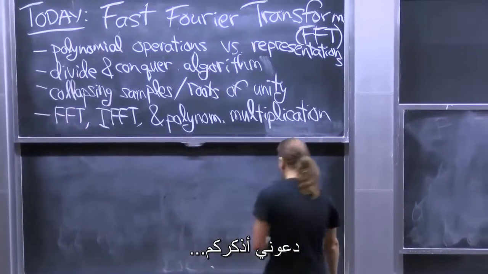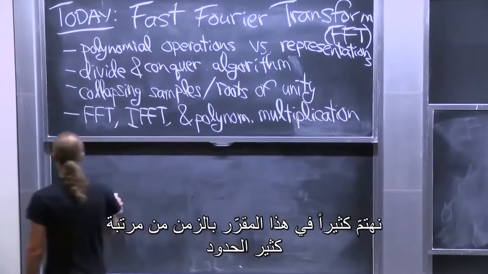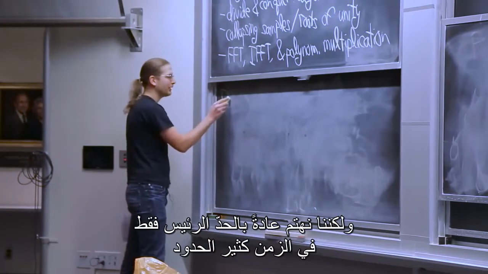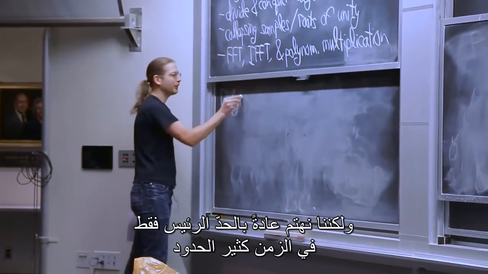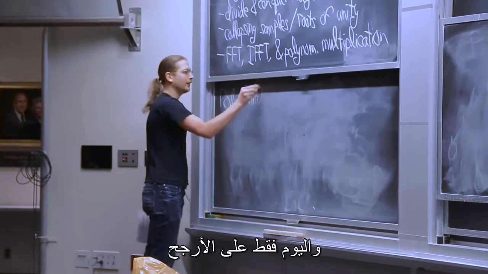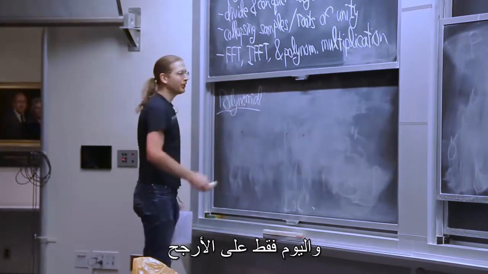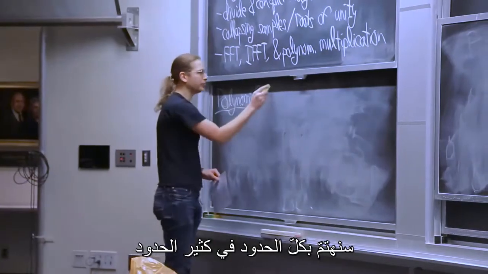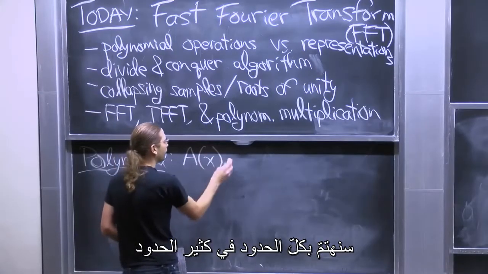So let me remind you, this class is all about polynomial time, but usually with polynomial time, we only care about the lead term. Today, and today only, pretty much, we're going to be thinking about all the terms in a polynomial.